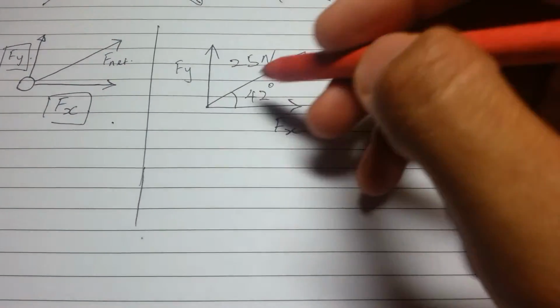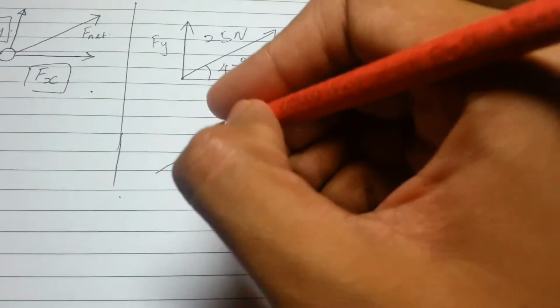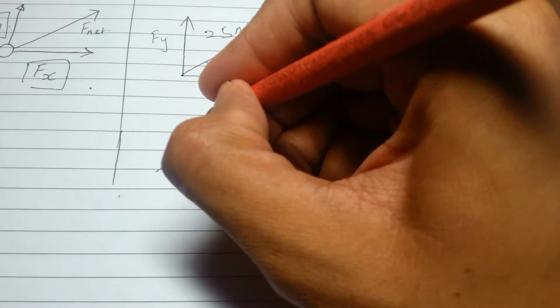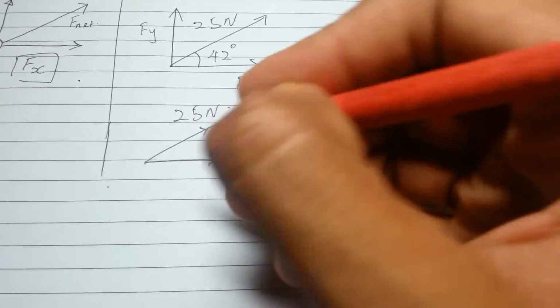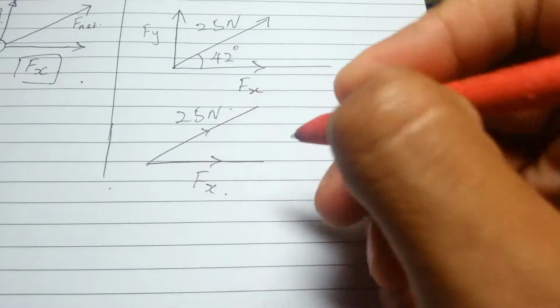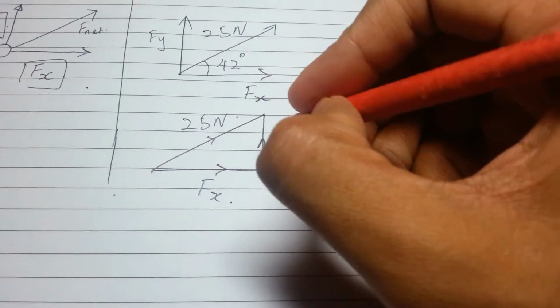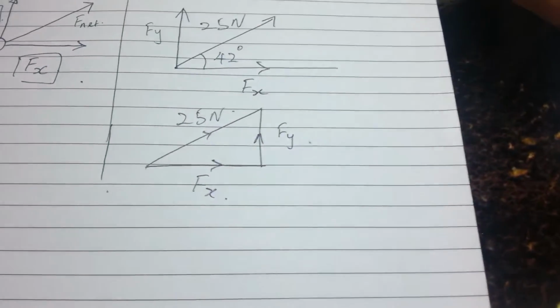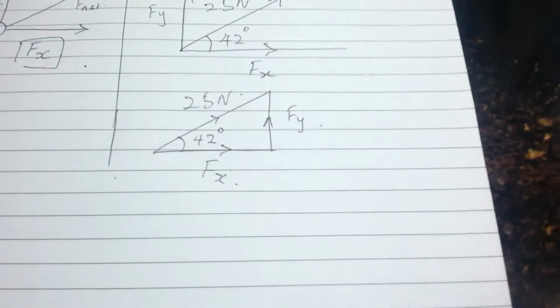If you see these three lines, you will realize that you can actually form a triangle. One goes like this, 25 Newton. One goes like this, this is what you call the Fx, and the other goes like that, this is what you call Fy, and this is the angle 42 degrees.